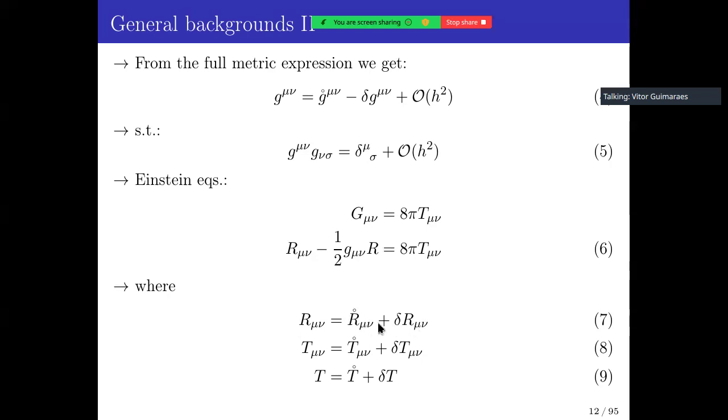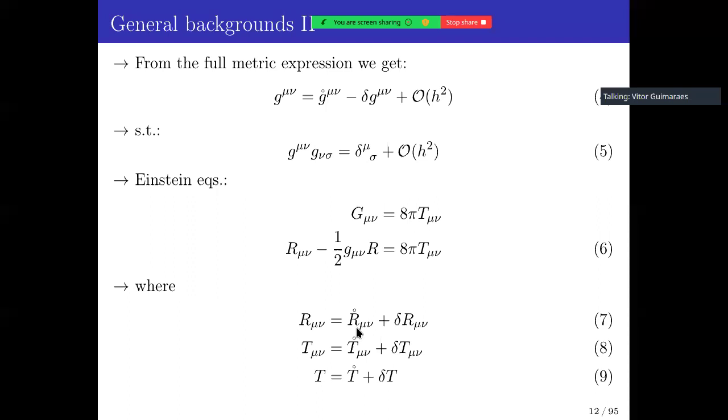The objects that we identify as the Ricci tensor of the background, and what is left is going to be defined as the perturbed tensors. We didn't have to do this previously because our metric was flat, so this would be trivially zero for the Minkowski metric, right?